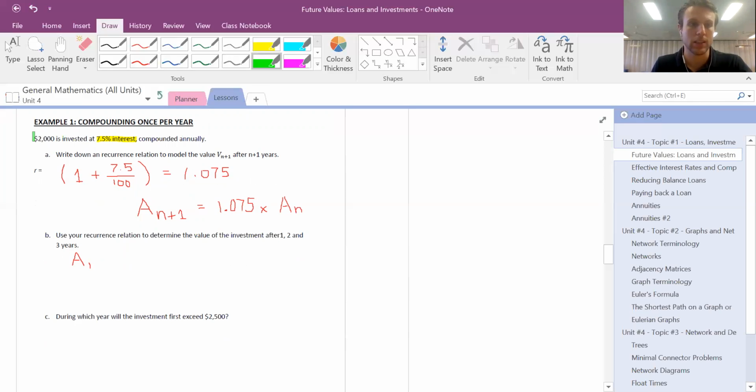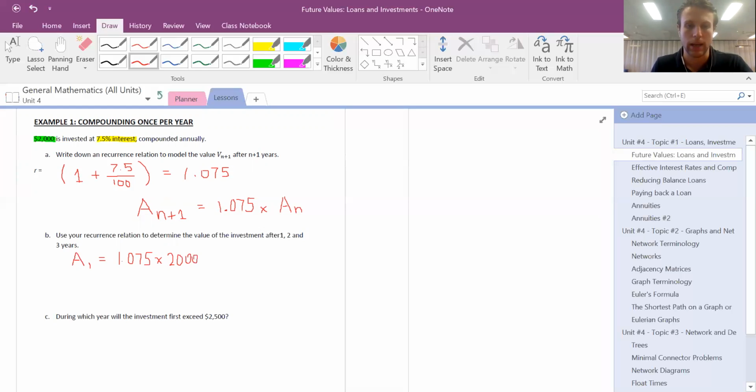And that would be this value here. I'm investing it at $2,000. So it's A1 equals 1.075, and we'll times that by my initial value, or my A0th term, and that would be the $2,000.